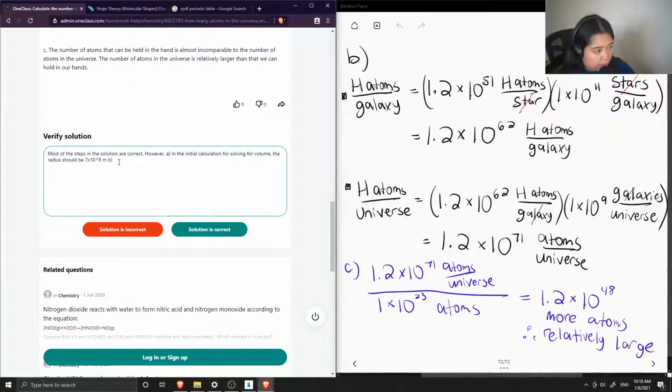And then B, before we multiply by Avogadro's number, which is 6.022 times 10 to the power of 23 atoms per mole, we need to calculate number of moles for hydrogen by using n is equal to mass over molar mass.